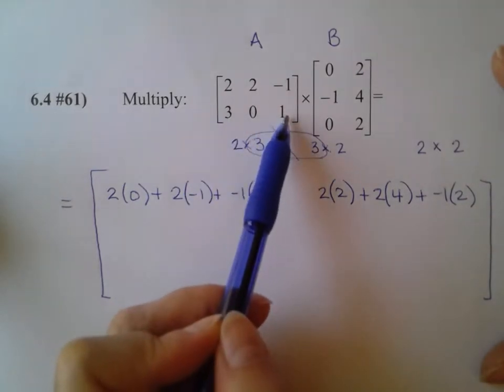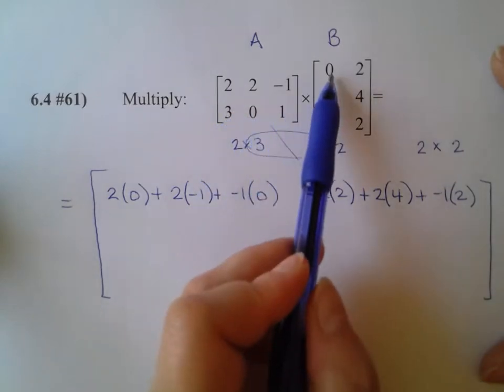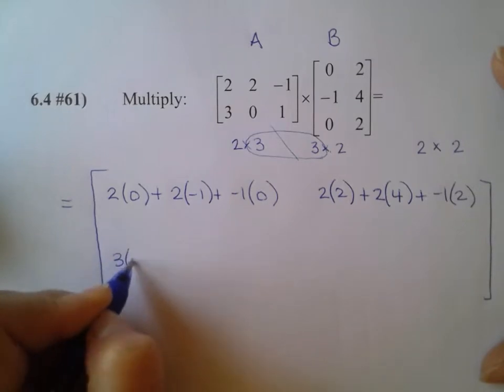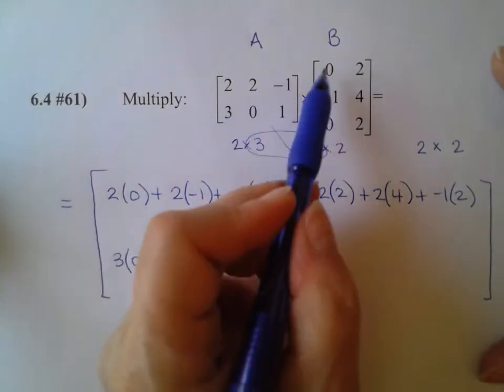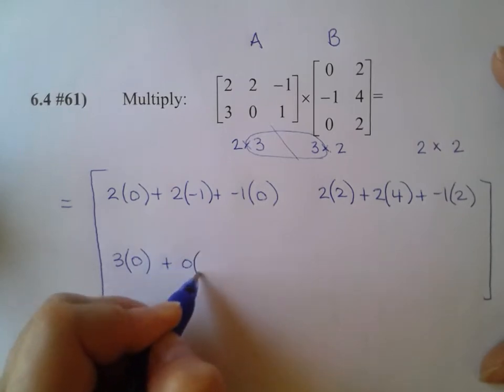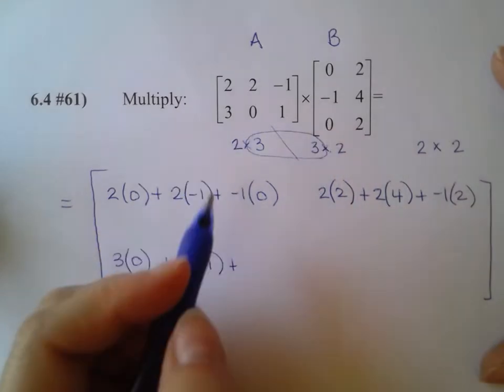Same thing with the second row of A. So now I'm going to multiply the second row times the first column. So 3 times 0 plus 0 times -1 plus 1 times 0.